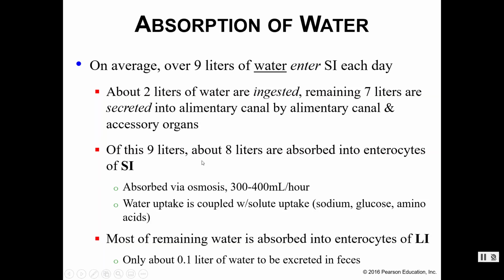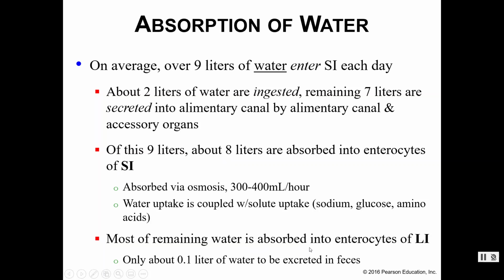Of those 9 liters, about 8 are absorbed into the small intestine. Good old osmosis is responsible for 300 to 400 milliliters per hour. And then water can also be coupled with solute uptake like sodiums and glucoses, amino acids, things like that as well. The other liter, okay, so we got about 1 liter left, right? 8 get reabsorbed in the small intestine.